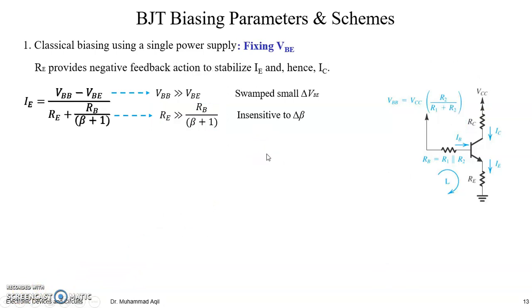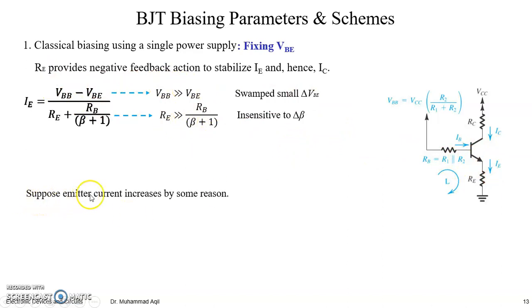Now let's see how this is stabilizing our biasing, right? We have discussed the constraint, the rule of thumb, or typical solutions. Now we will see how RE is actually providing the stability here.